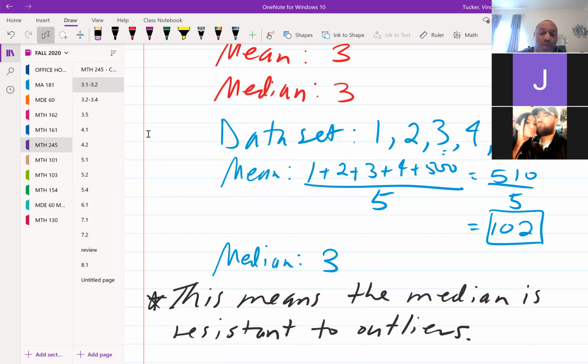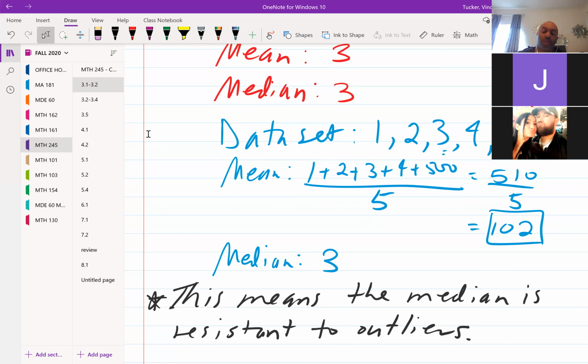So that's reemphasizing what it means for a summary of data to be resistant. Your mean, your median, all of these things we just finished talking about are summaries of data. The mean is the average of your data set, the median is the middle value, and your mode tells you what data value appeared the most frequently.